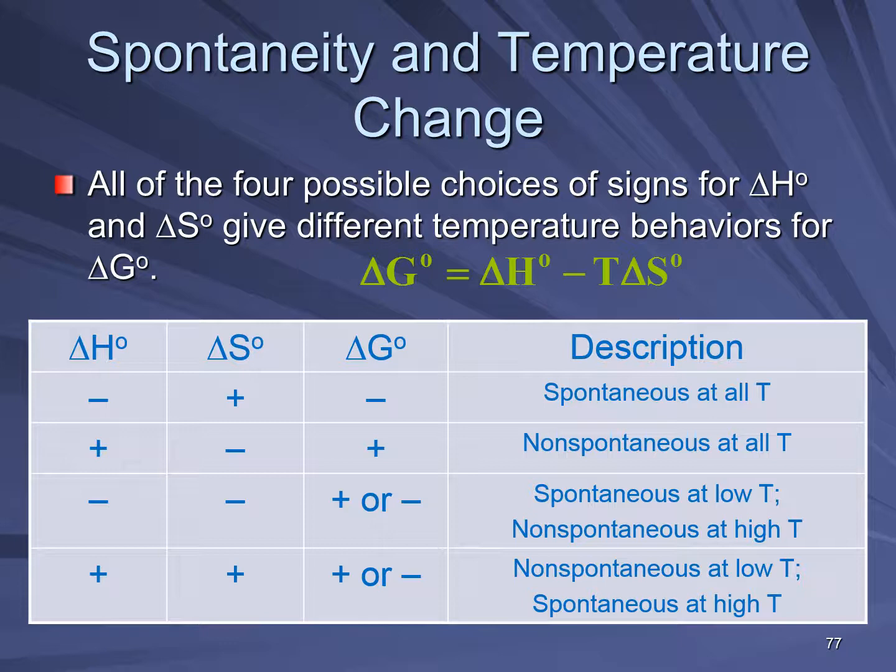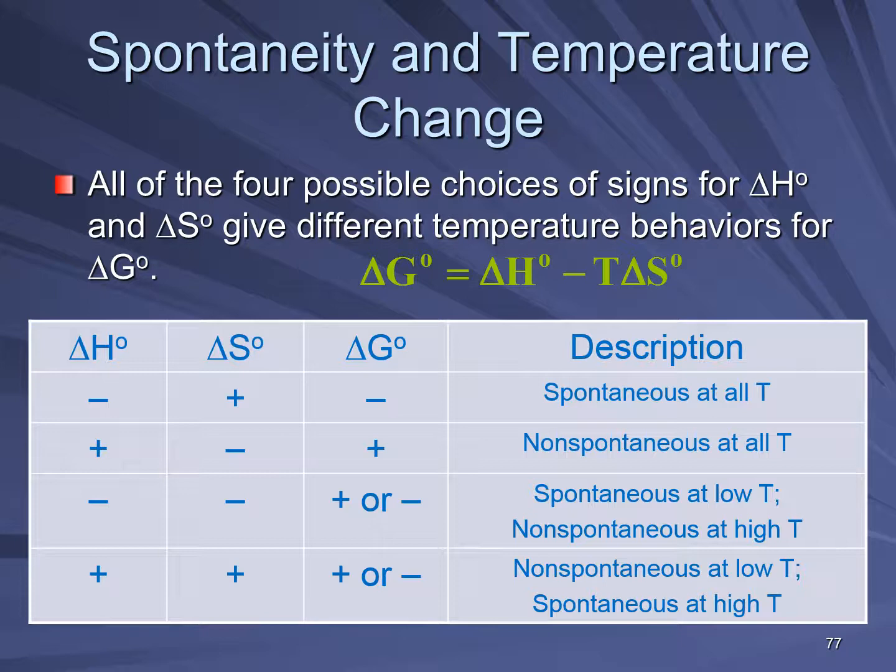The opposite is also true. So if delta H is positive, meaning endothermic, and delta S is negative, meaning becoming more ordered, well, a negative times a negative is positive, so the whole second term is positive, the first term is positive, so that reaction will be non-spontaneous at all temperatures.